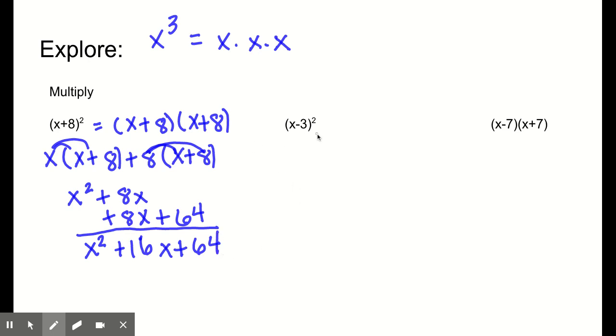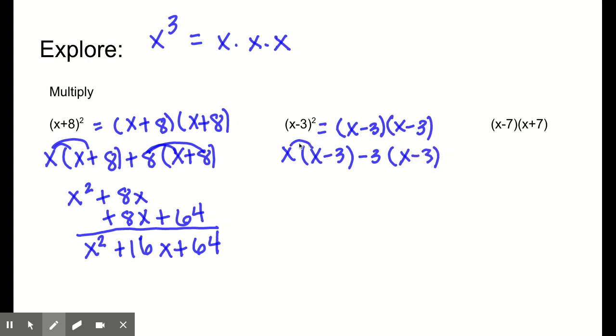So over here, same concept. If we expand this, this would be x minus 3 times x minus 3. And then if we break up the first binomial to distribute to the second, that's going to be x times x minus 3 minus 3 times x minus 3.